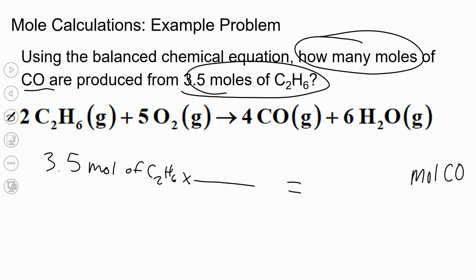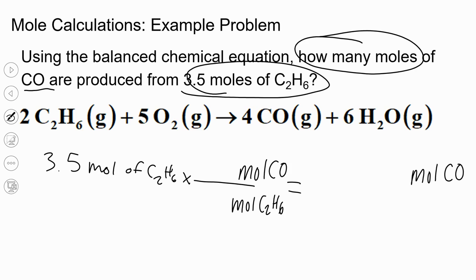So what would go on the top of our conversion factor? Moles of what? Good, moles of CO, because we need to end up with that at the end. And then moles of C2H6 needs to end up on the bottom because we need to cancel that out.